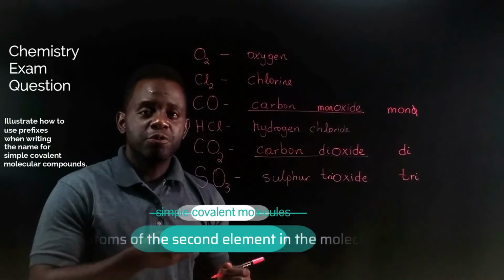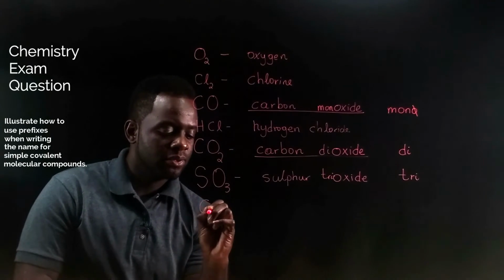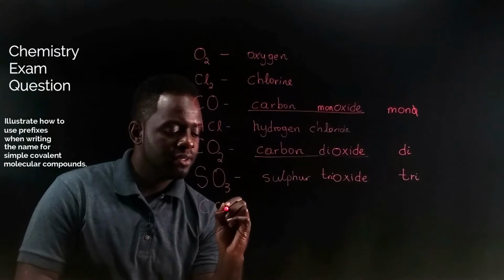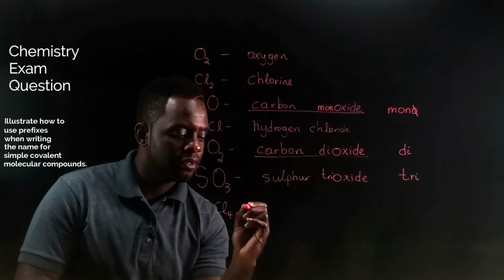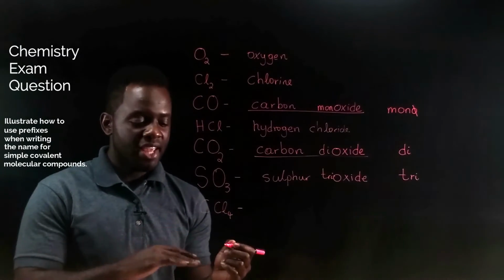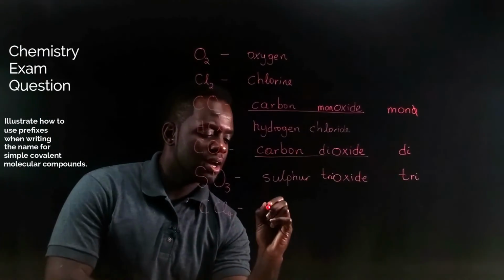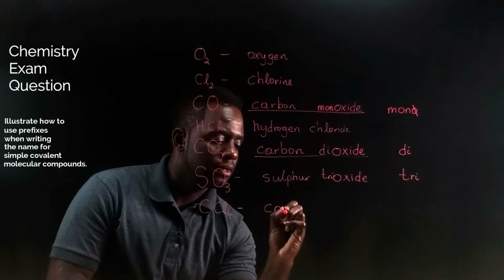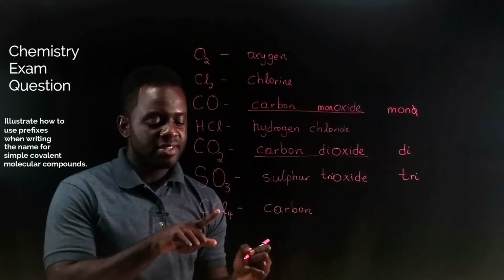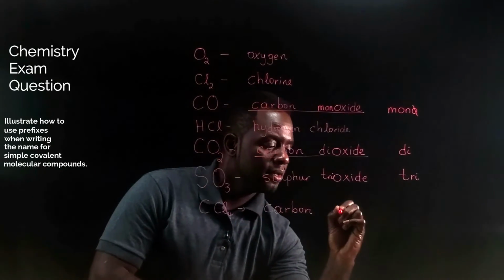When there are 4 atoms of the second element, so this molecule has carbon and chlorine, this time 4 of the chlorine atoms in the molecule, the name starts with the name of the first atom, which is carbon, followed by the name of the second element with the suffix IDE.